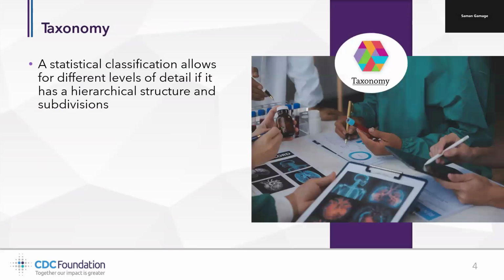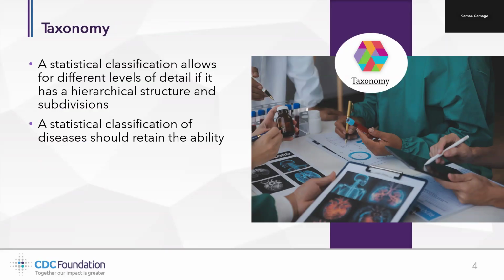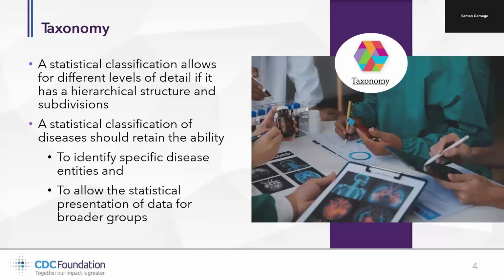A statistical classification allows for different levels of detail if it has a hierarchical structure and subdivisions. A statistical classification of diseases should retain the ability to identify specific disease entities and to allow the statistical presentation of data for broader groups.